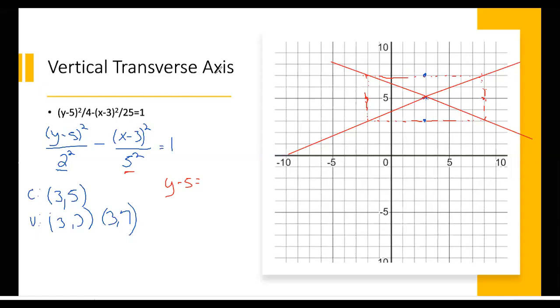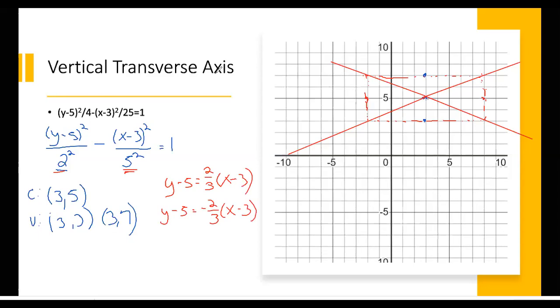Our rise was 2 and our run was 5, so we go 2 fifths times x minus 3. That's the positive slope. And then the negative slope is y minus 5 is equal to negative 2 fifths times x minus 3. So those are our asymptotes.